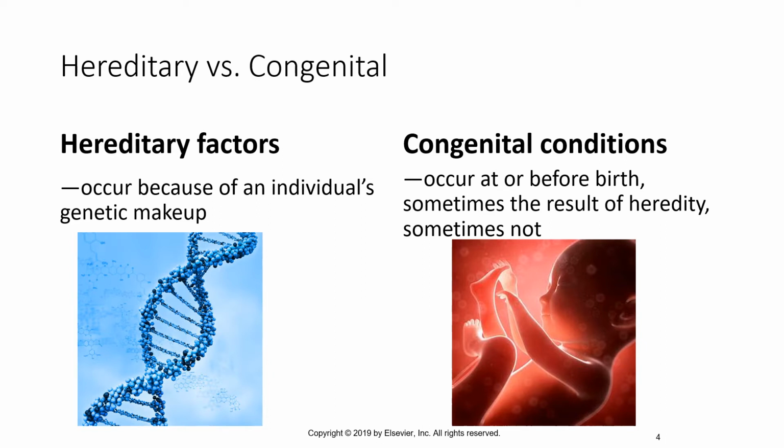A congenital condition is sometimes the result of heredity, and sometimes a hereditary condition does not become evident until years after birth. All right. If a condition exhibits some evidence of an inherited tendency, but such evidence is inconclusive, it is often referred to as a familial tendency.